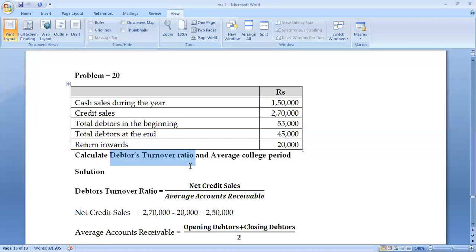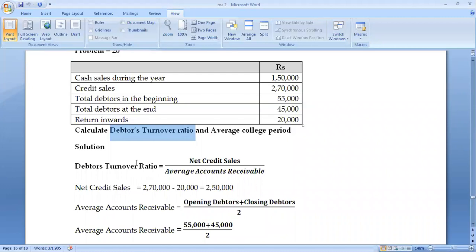Clear? You should not consider the information given as cash sales or cash purchases. So the debtors turnover ratio includes all the net credit sales. What is the debtors turnover ratio? The rapidity of collection received from the receivables is found out.